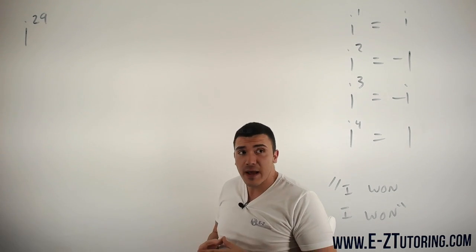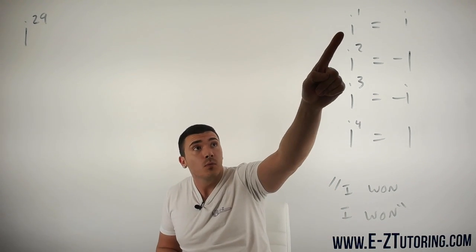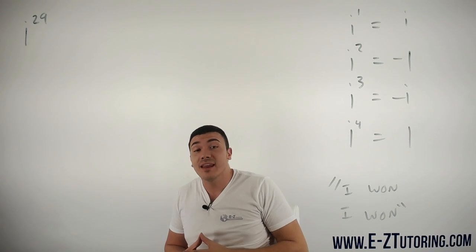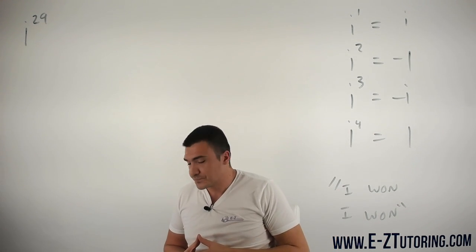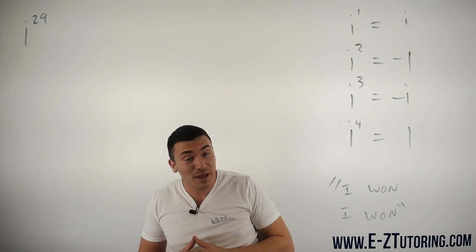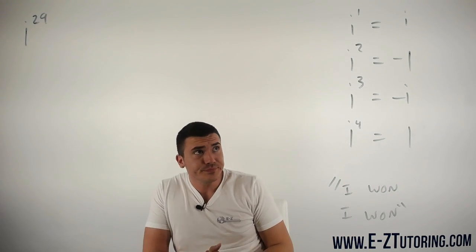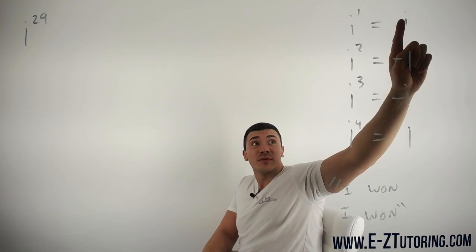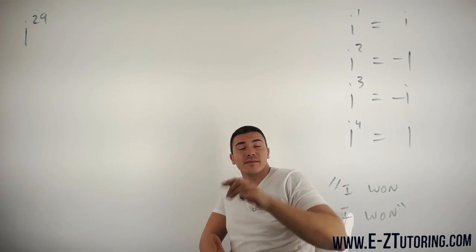In order to simplify powers, you need to know this rule right here. i to the 1, i to the power of 2, 3, and 4 can all be simplified in terms of i's and 1's. Now, there's a very easy way to remember this. 1 through 4. Over here, all you need to realize is that it goes i, 1, i, 1, and 2 negatives in the middle.